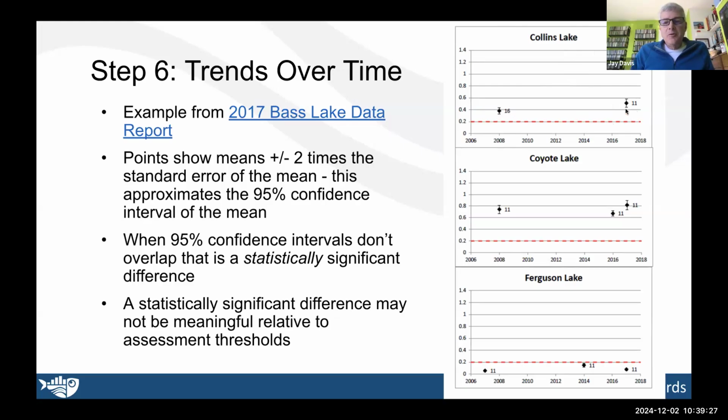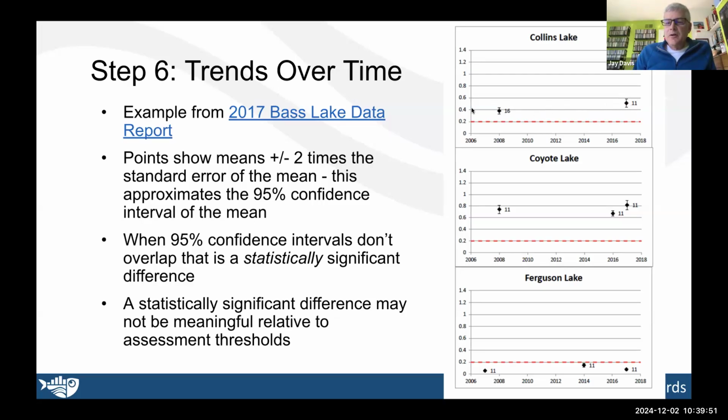I've been looking at the more recent data, and things do seem to be showing more signs of change over time. So stay tuned for the interpretive report that I talked about, where I'll be summarizing that. But in general, we see remarkable consistency within water bodies and over time.